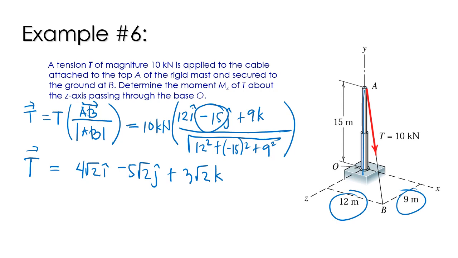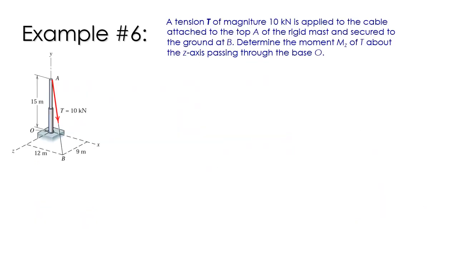Then the moment of T about point O is equal to the cross product of r OA times our T AB. So MO of T is equal to the determinant of i, j, and k.